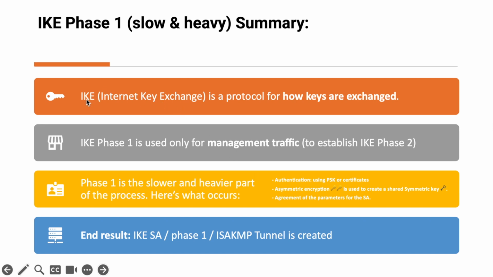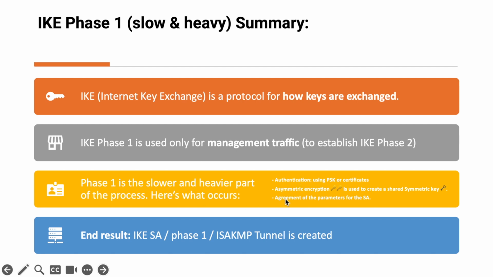IKE is the protocol Internet Key Exchange. So it's a protocol for essentially how keys are exchanged, but it does a few more things and sets some parameters. IKE Phase 1 is only used for management traffic to establish IKE Phase 2, and it's the slower and heavier part of the process, and here's what occurs.